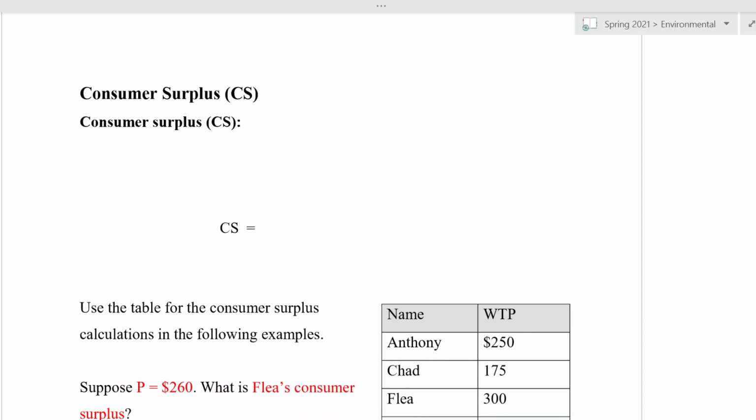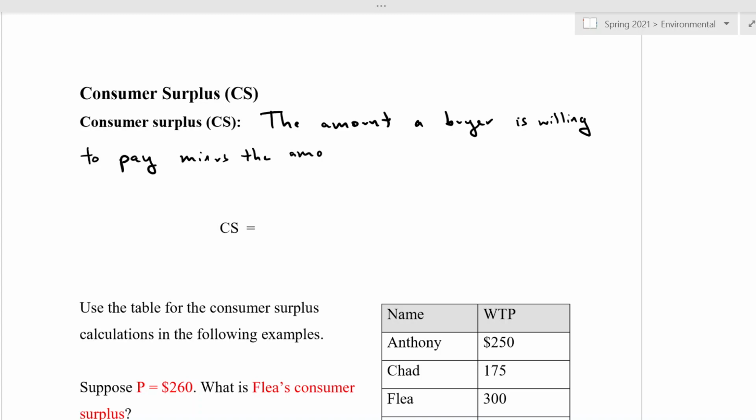Our definition of consumer surplus is the amount a buyer is willing to pay minus the amount they actually pay.